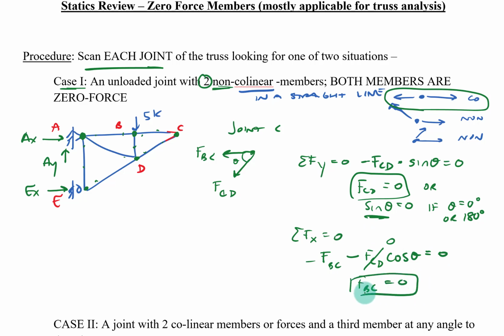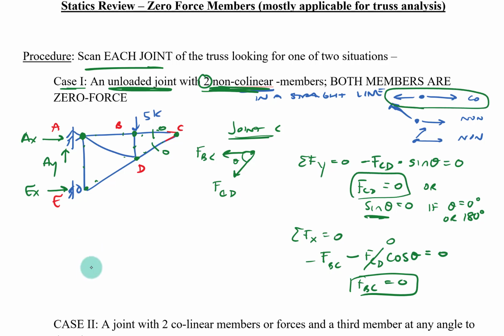So this will always be true if it's an unloaded joint with 2 members that are not in a straight line. So we don't have to go through this statics again. We don't have to do method of joints at C. We can just say both of these are 0 force.